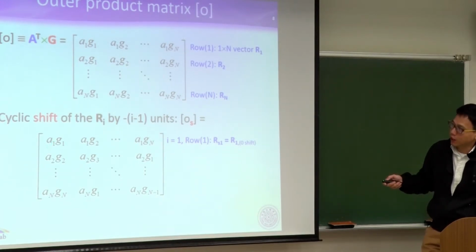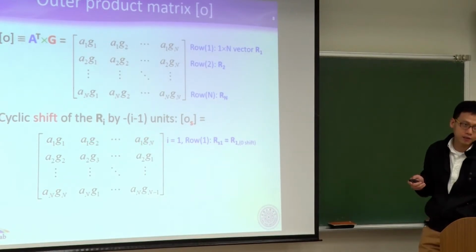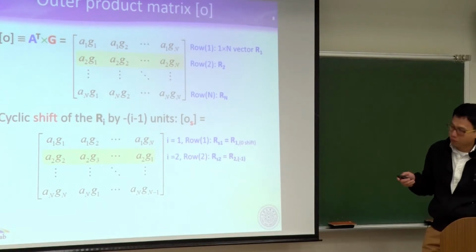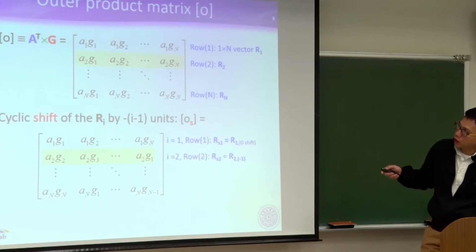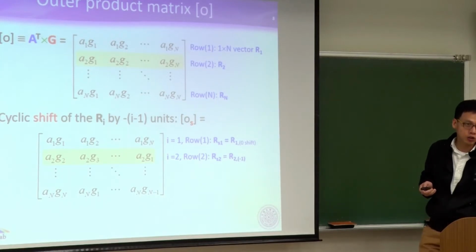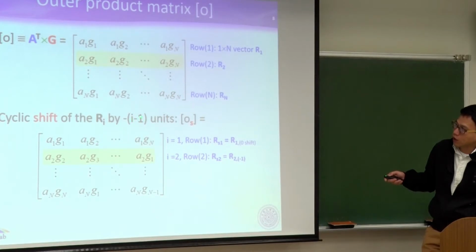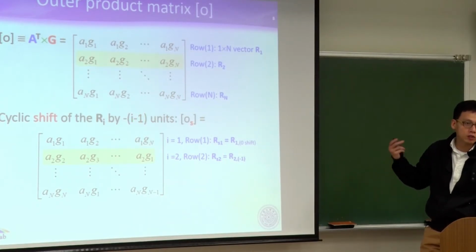So you repeat A1, G1, A1, G2, A1, Gn. But when i equals 2, you have to manipulate the second row, R2. According to the formula, 2 minus 1 equals 1, so you have to cyclic shift by minus 1 units.